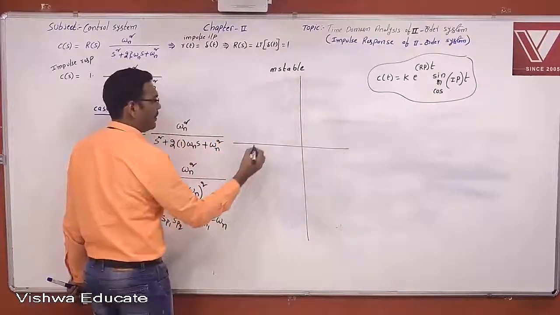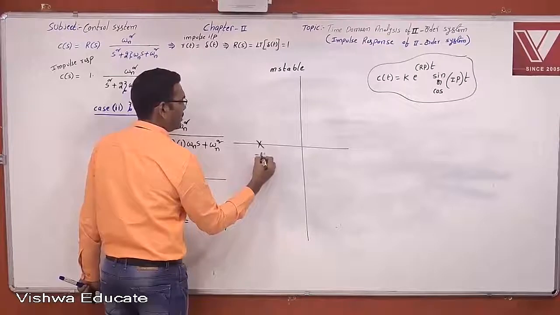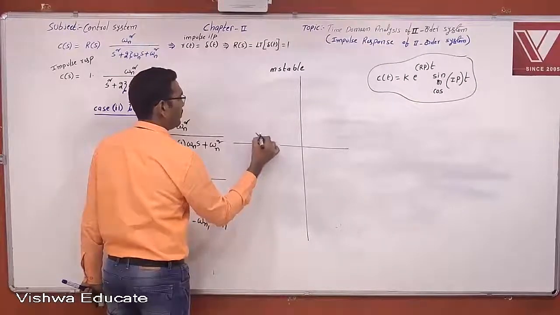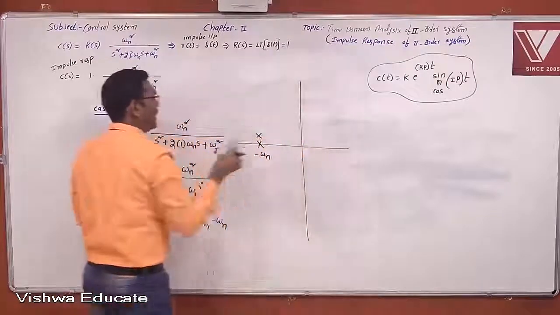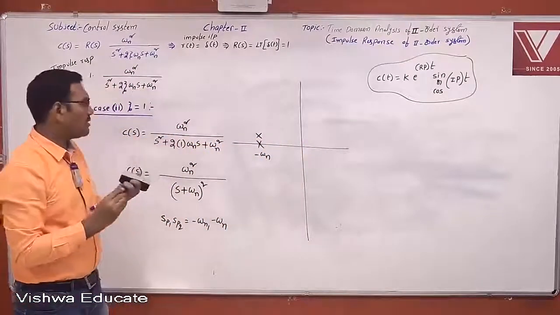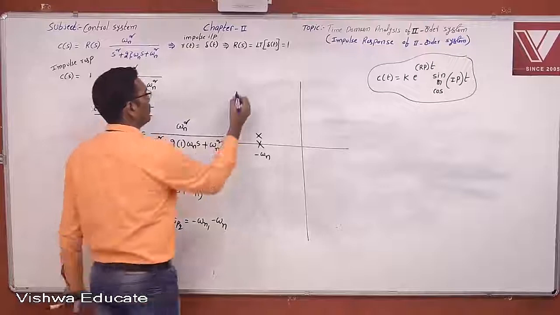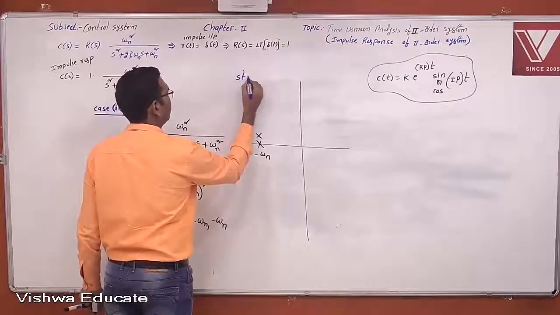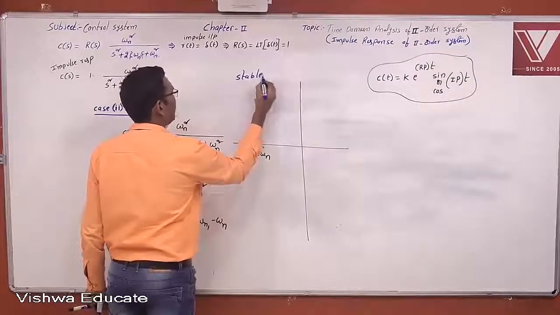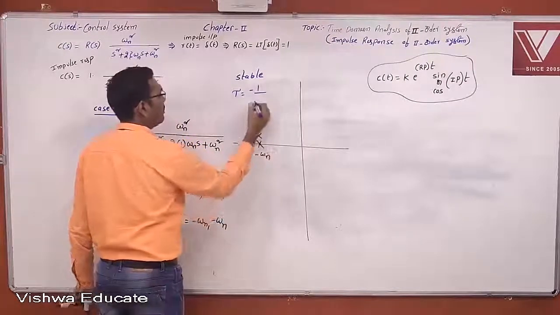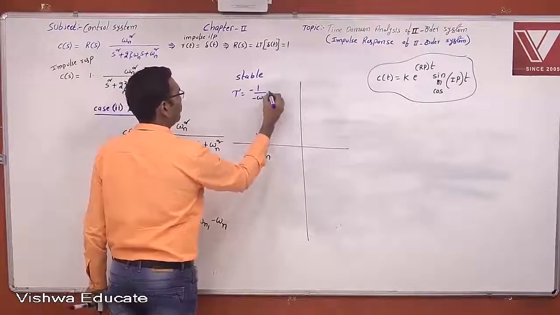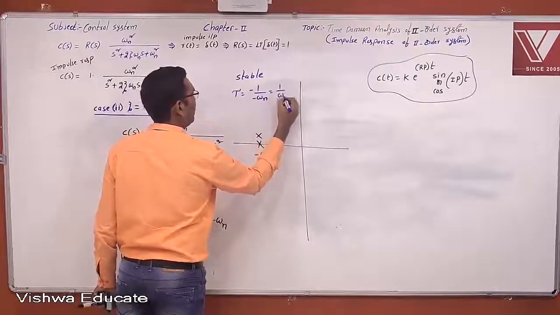Now this is the real part, minus omega n, but the poles are repeated. We know that whenever the poles lie on the left hand side of the s-plane, then without any second thought, the system is stable. Time constant is the negative reciprocal of the real part, therefore 1 by omega n seconds.